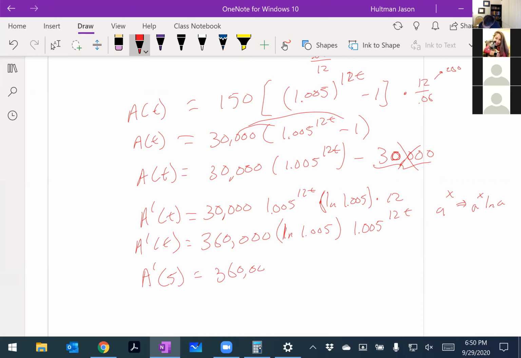So 360,000 times the natural log of 1.005 times 1.005 to the 12 times 5.